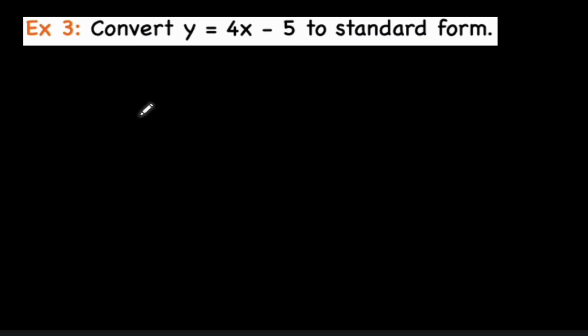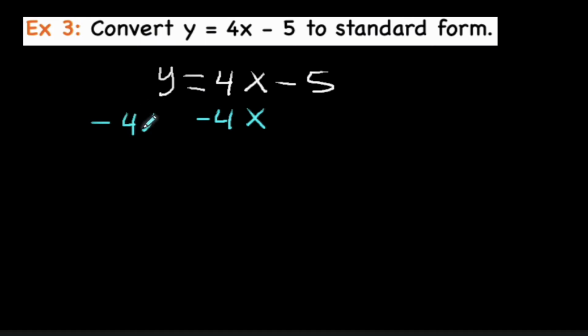We'll convert y equals 4x minus 5 to standard form. Let's subtract 4x from both sides. Negative 4x plus y equals negative 5.